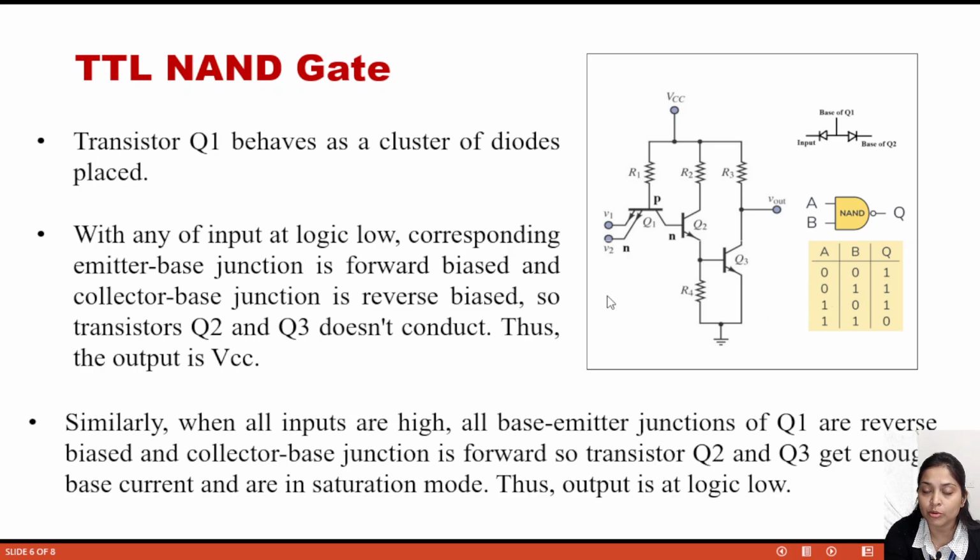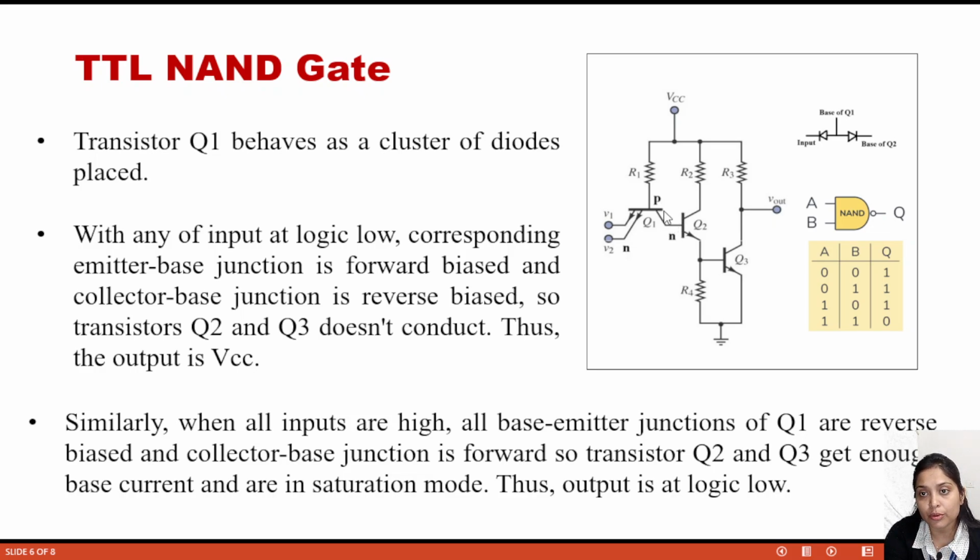That means at that moment we only consider that any input will be 0. So if any input is 0, if I consider that N is 0 and P is 5 volt, then the base emitter junction is forward bias and the base collector junction is reverse bias.